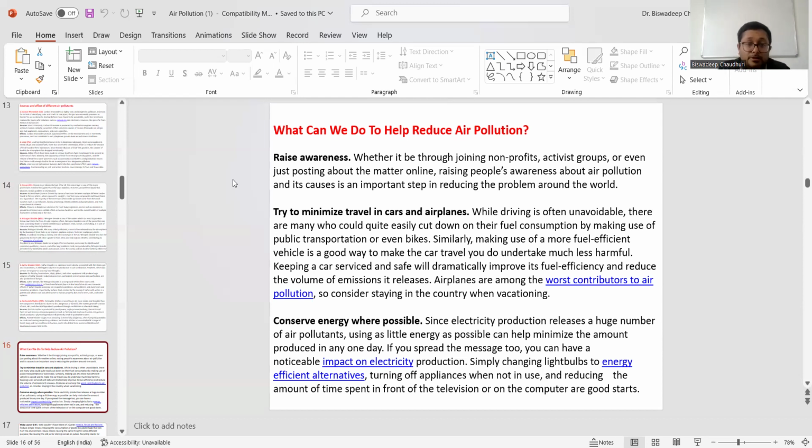First, it is time to minimize travel in cars and airplanes. As we told before, we should not use our automobile vehicles as much as we want. You should have control over it. Why? Not to save fuel, but to save our ecosystem, our environment, our future generations.